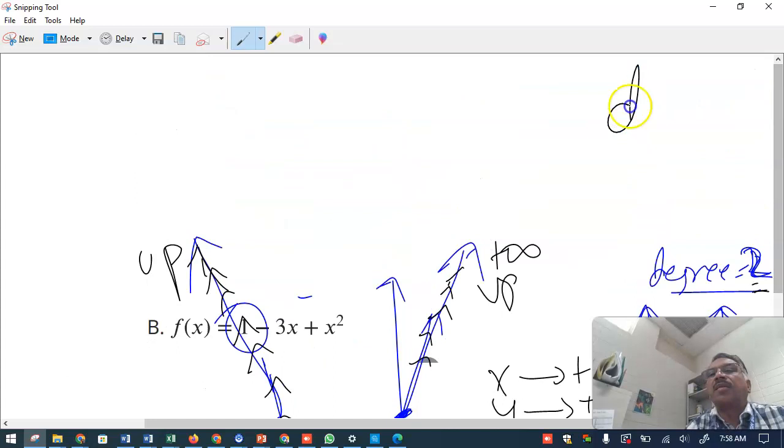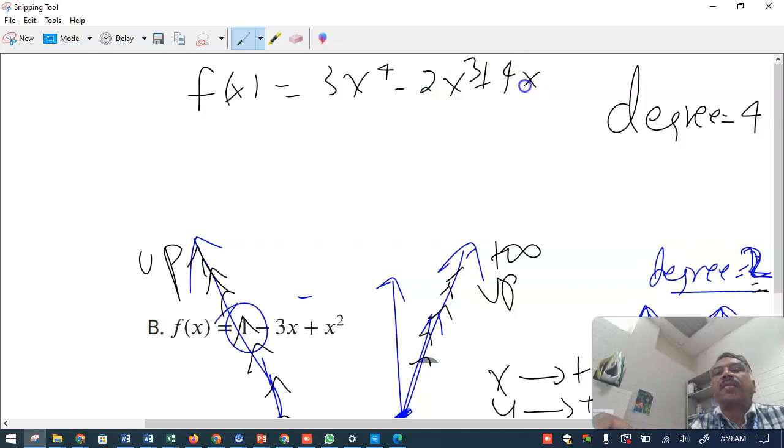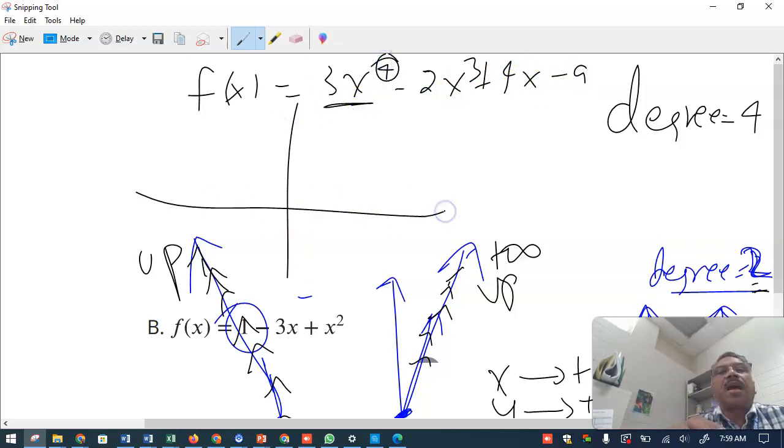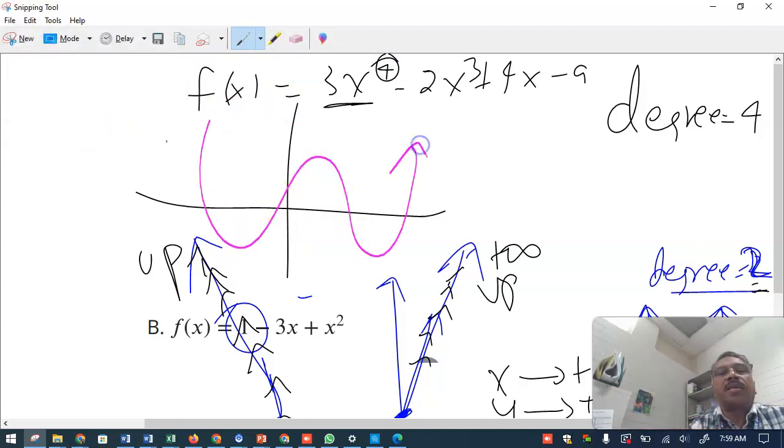Now this could also have been, let's say, degree 4, and I could have just created another polynomial like this: x to the 4 minus 2x cubed plus 4x minus 9, and say this is degree 4. So this graph will look like this, and we have seen this on the right side.